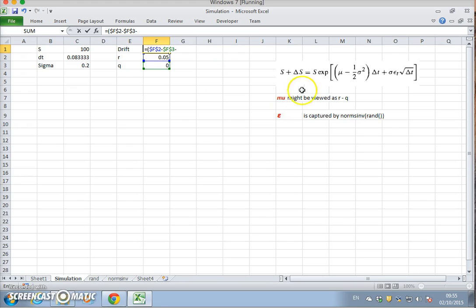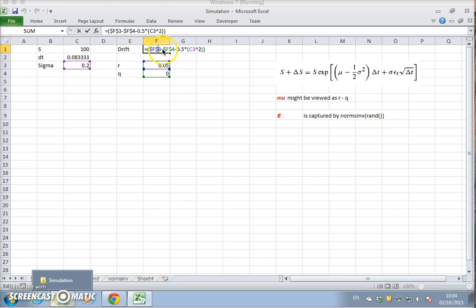minus 1/2, so 0.5 multiplied by sigma to the power of 2, and that gets in turn divided by 2 because it is 0.5, and then we're multiplying that by delta t. So delta t then ultimately applies here.